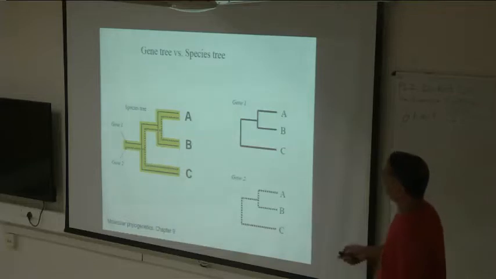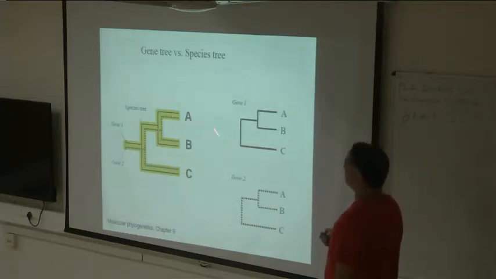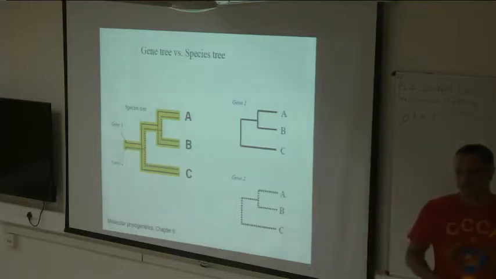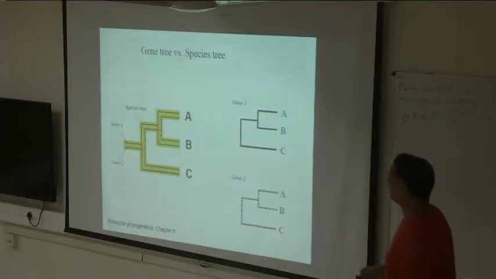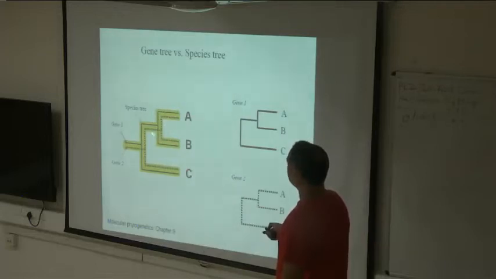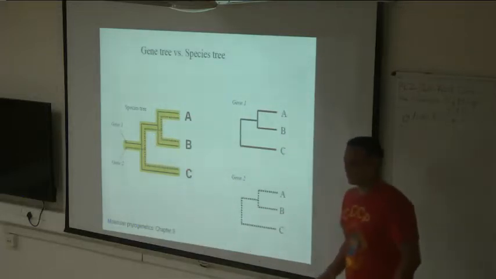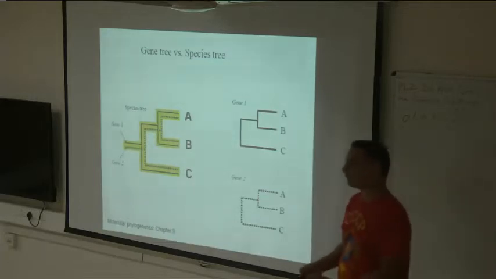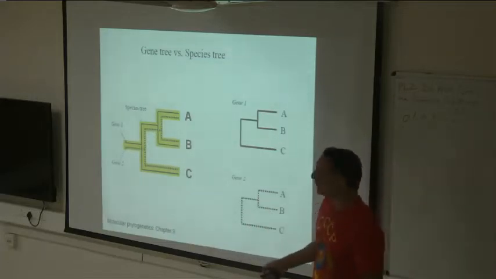Okay, so yesterday we discussed briefly gene trees versus species trees, right? And this green, thick line is the actual species tree. Let's say we know what the species tree looks like, which is basically a phylogeny.